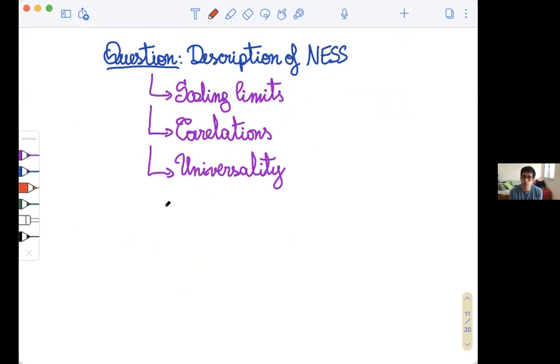So that's the usual question. What do we want to do? We want to describe this measure mu_n^SS somehow, describe its properties. And what do I mean by describing its properties? Well, maybe we want to find their scaling limits. So notice that when I say the scaling limits of the measure mu_n^SS, we already have to do something, because of course these measures live in different spaces. So we have to put them all together in the same space in some way.